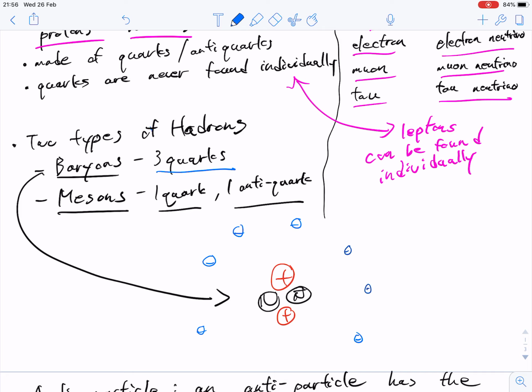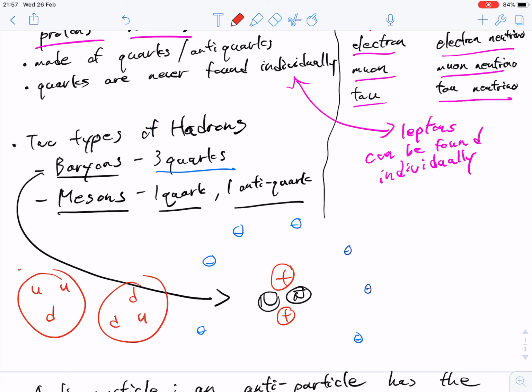There are 3 quarks in all baryons, meaning 3 quarks in the proton and 3 quarks in the neutron. To be more specific, the proton has 2 up quarks and a down quark, and the neutron has 2 down quarks and an up.